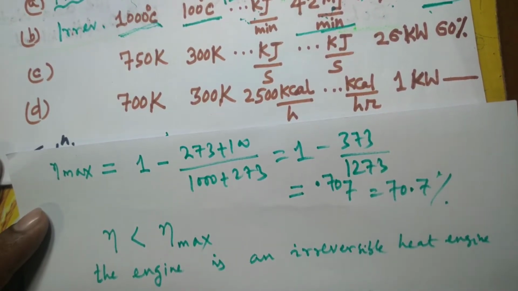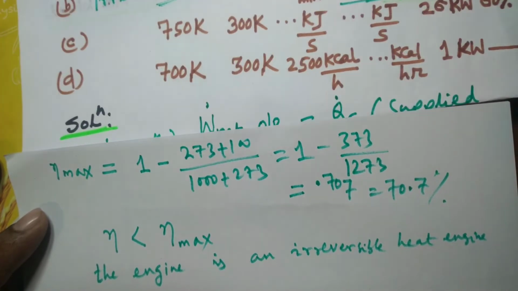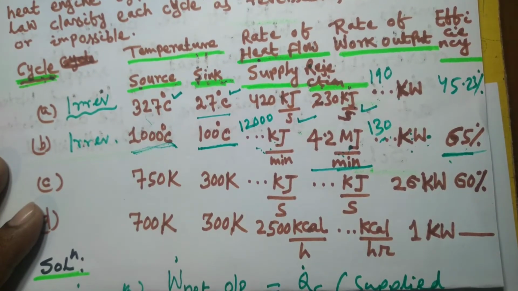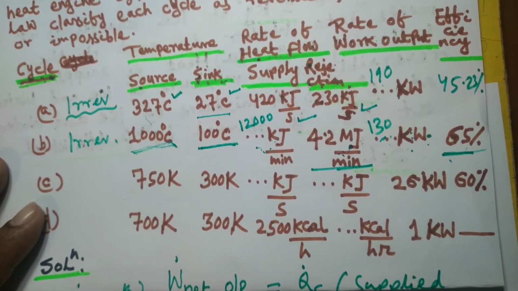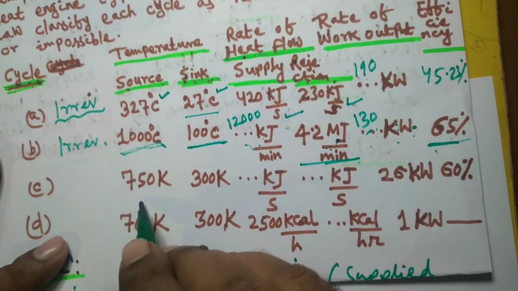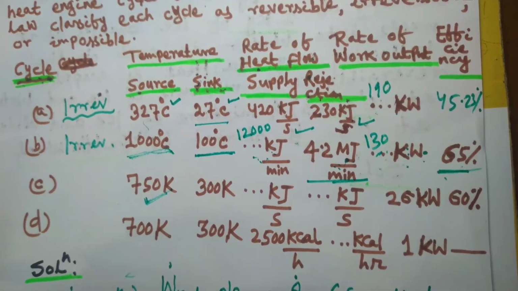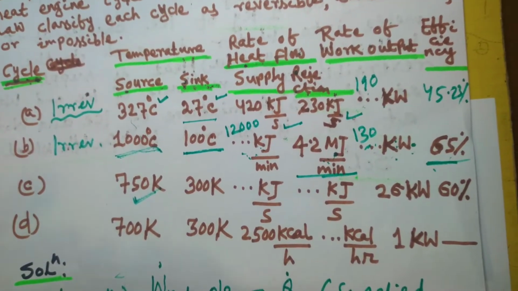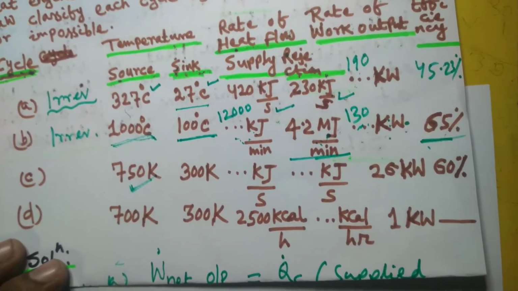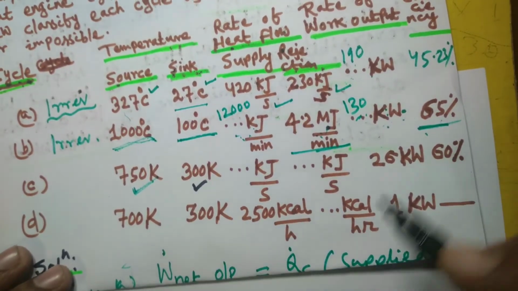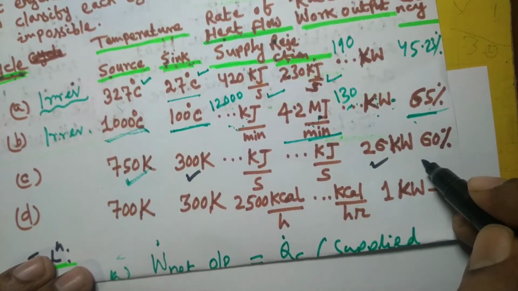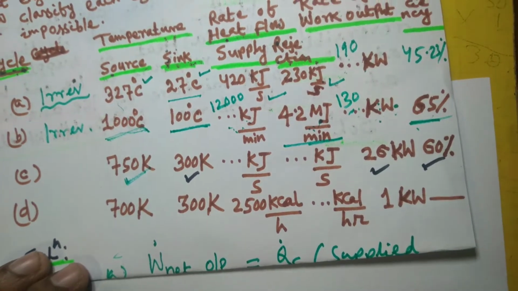And the efficiency of any reversible engine is the maximum possible efficiency, and that is 1 minus sink temperature expressed in Kelvin divided by source temperature expressed in Kelvin. And the third one: source temperature is given as 750 Kelvin, and sink temperature is 300 Kelvin. So net work output is given, efficiency is given. These two are to be calculated.